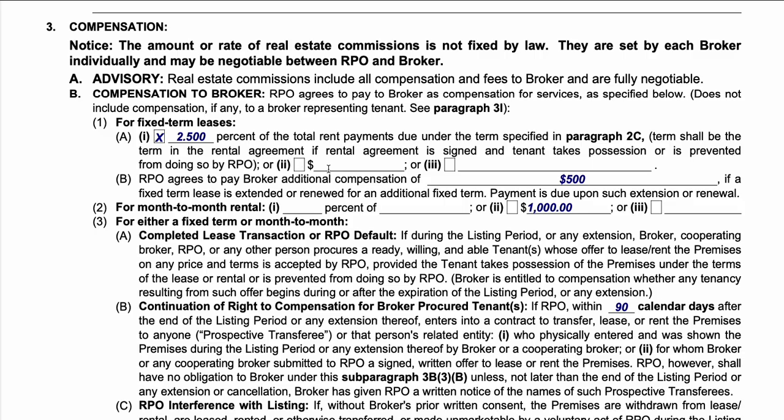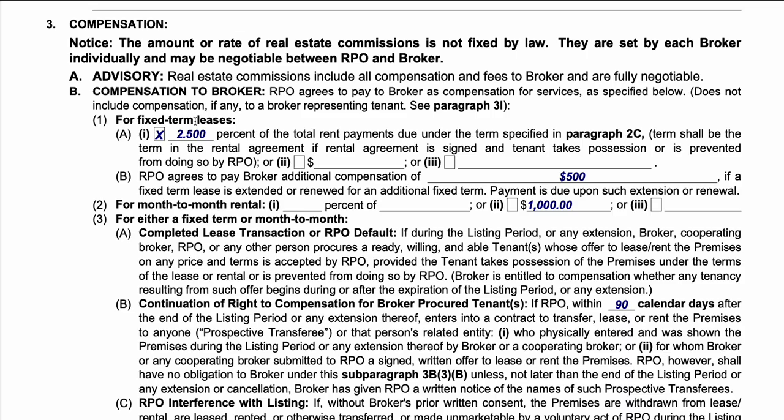Write in a figure here, $1,500, $2,000, $2,500. Write that in instead. It doesn't matter if the lease is $1,000 a month. It does not matter if it's a cheap little studio or something. Your time is valuable and it's still a lot of work and headache for you. I promise you, you need to protect yourself by putting in reasonable compensation.